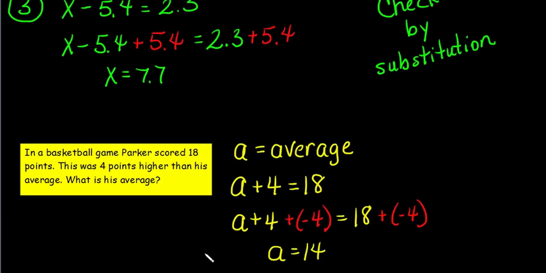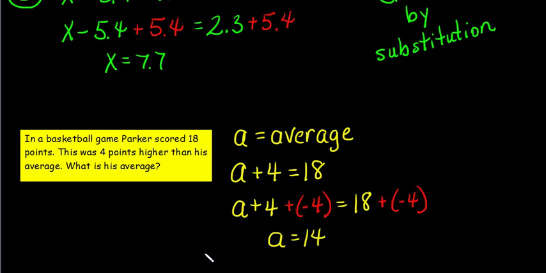You can do the same things with word problems. This one says, in a basketball game, Parker scored 18 points. This was 4 points higher than his average. What is his average? I'm just going to say that A equals his average.